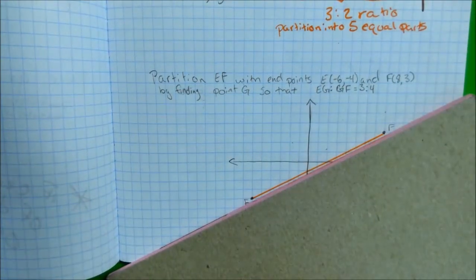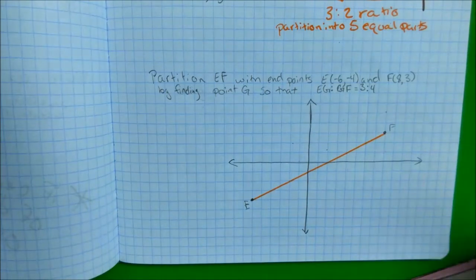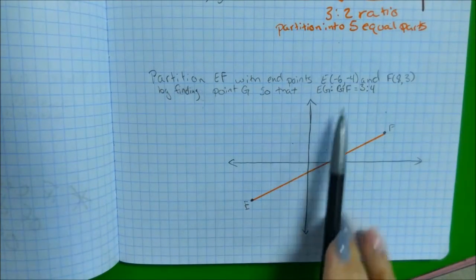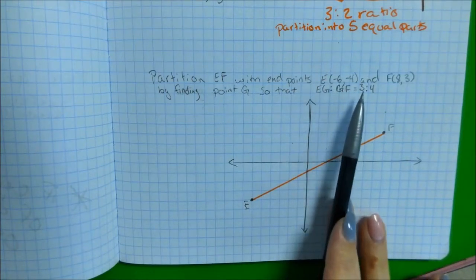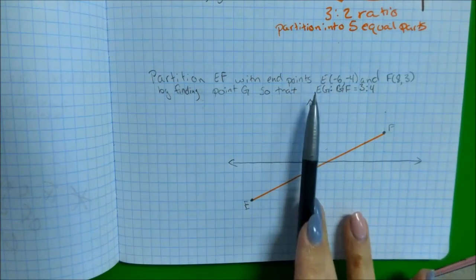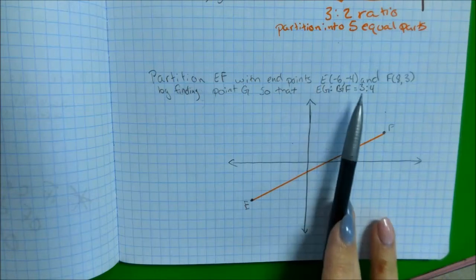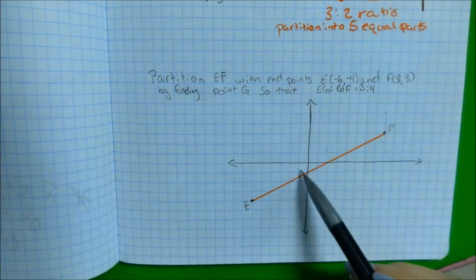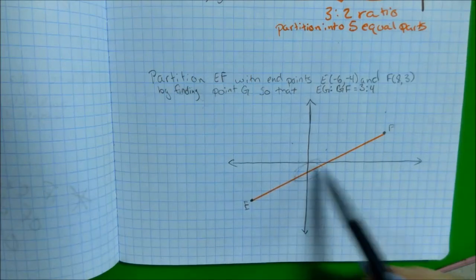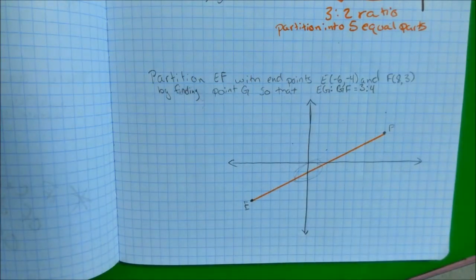So again, I want to partition this so that G makes it a 3:4 ratio. So when I look at this, G is going to be a little bit closer to E than it is to F, because EG is shorter than GF. So I'm thinking it's going to be somewhere in this area. That's kind of my thought process on this.